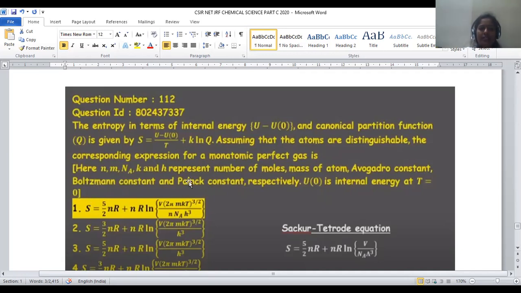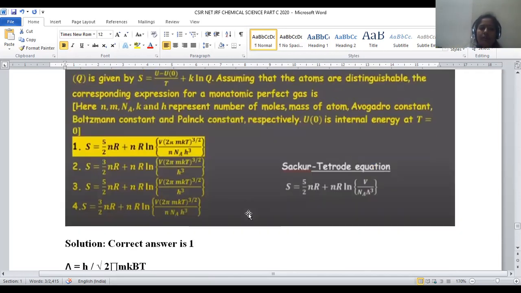Here, these are the parameters which are provided, and entropy in terms of internal energy and canonical partition function is given as S is equal to (U minus U naught) by T plus k ln Q, right? What they are asking for is the corresponding expression for monoatomic perfect gas. So for monoatomic perfect gas, we have to predict this entropy.